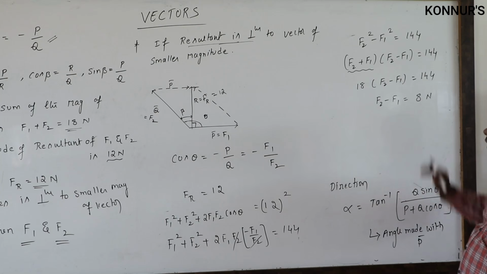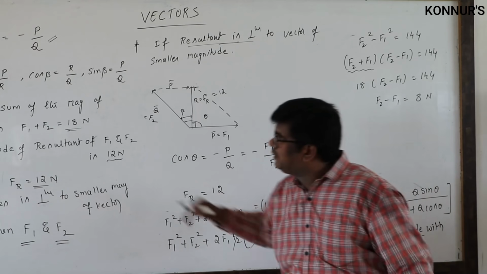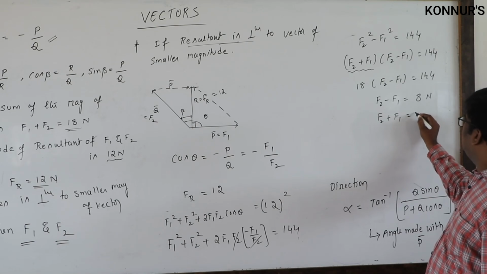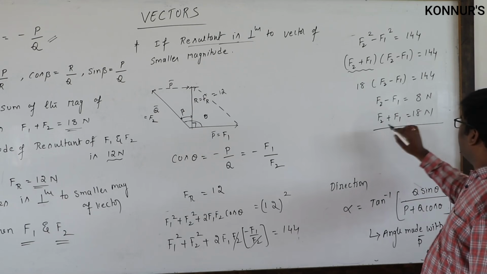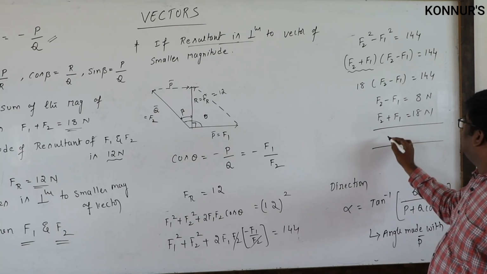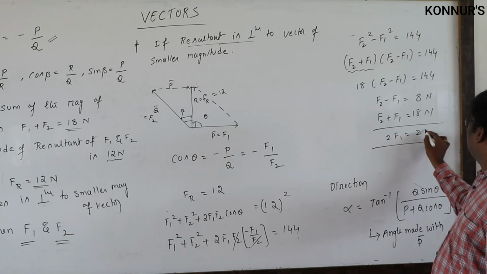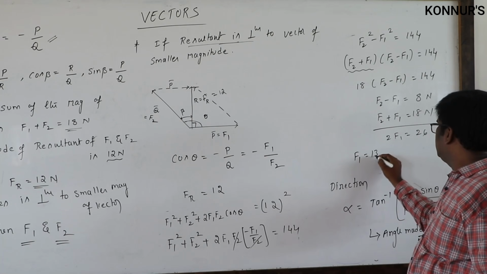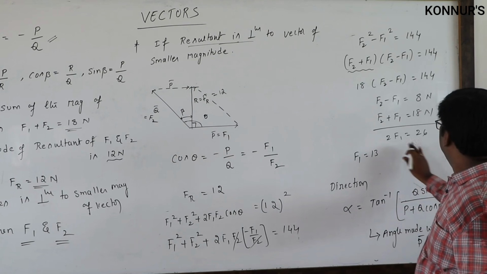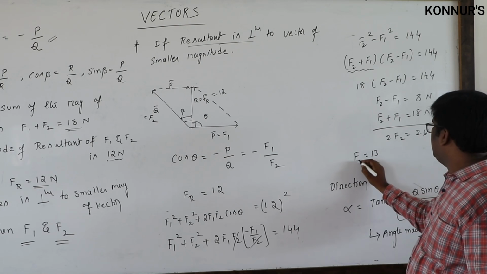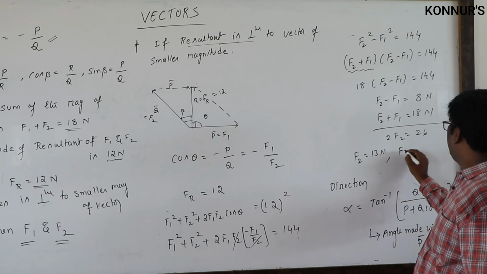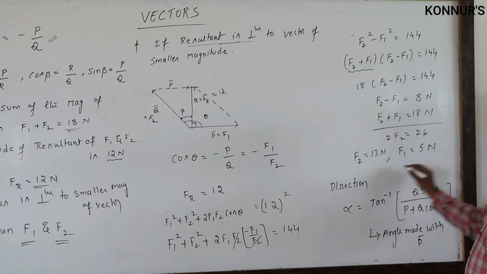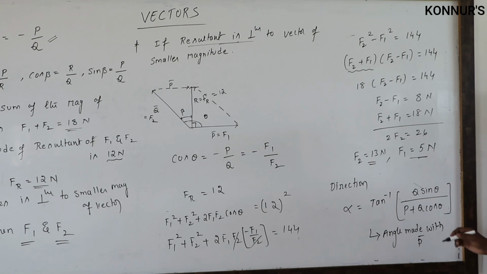So F2 minus F1 is 8 newtons and F2 plus F1 is 18 newtons. If you simplify, you get 2 F2 equals 26, so F2 is 13 and F1 is 5 newtons, because the total is 18. These are the individual forces.